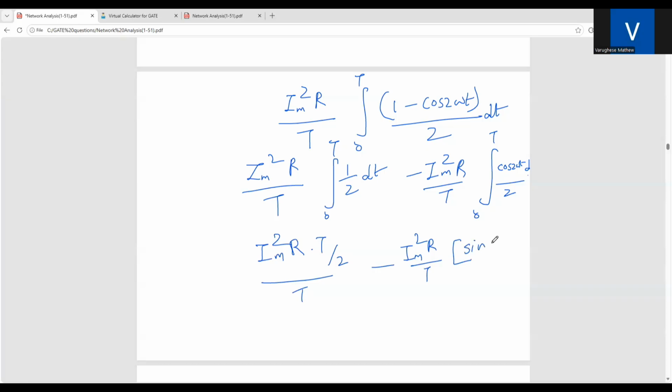Sine 2 omega t by 2 is already there, and 2 omega will be there. And I have to put limits 0 and T. What is omega? What is omega? Frequency. Huh? Angular frequency. So omega is actually 2 pi f.